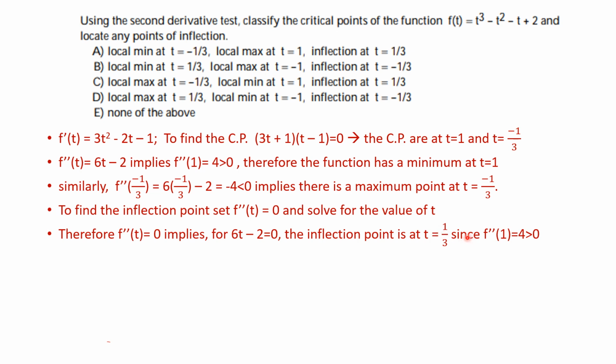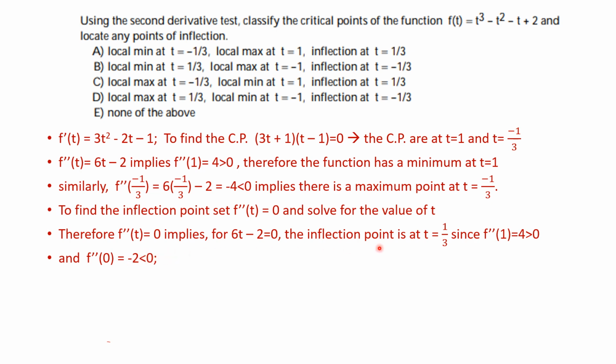Okay, so let's take a look at a value to the right of 1/3, which is 1. So we're going to go ahead and check f double prime of 1, and that's going to give us 4, greater than 0. That means the concavity is up. And then let's take a value to the left of 1 over 3, and that value is 0. So f double prime of 0 is going to be equal to negative 2, and that's less than 0, so that's concaving down.